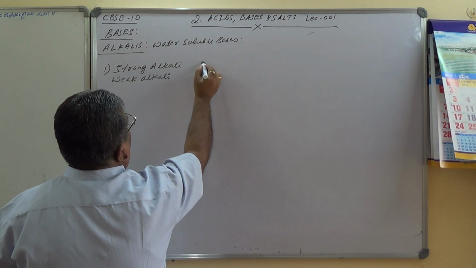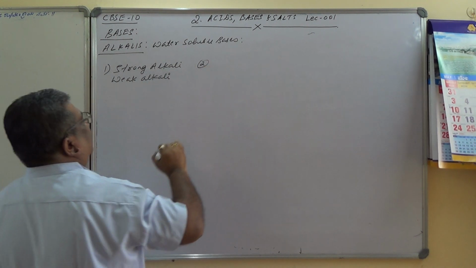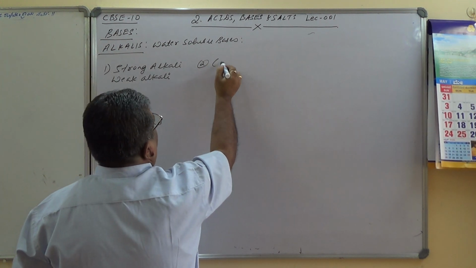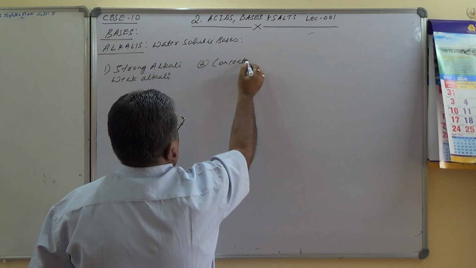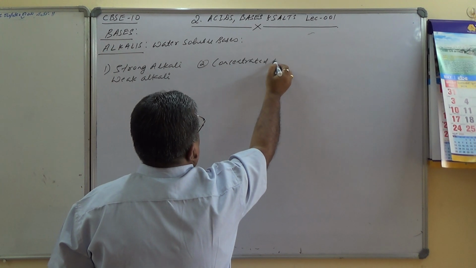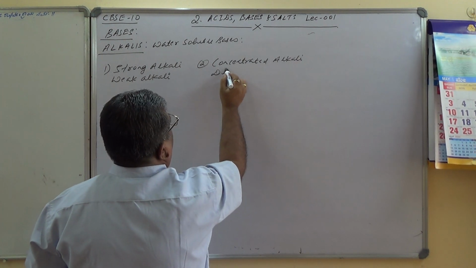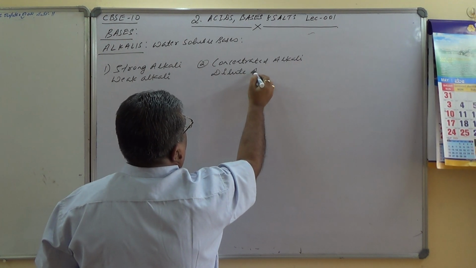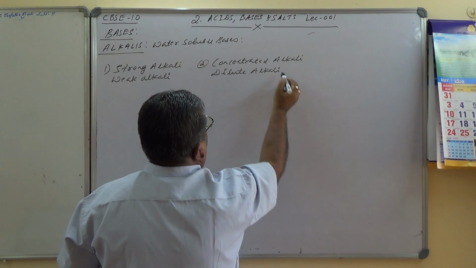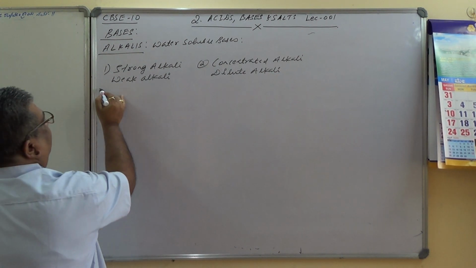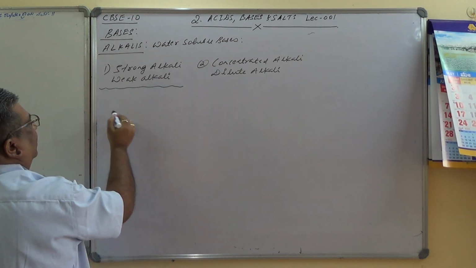Strong alkali, weak alkali, and another classification here is concentrated alkali and dilute alkali. So what is strong alkali and weak alkali? Let us study now.